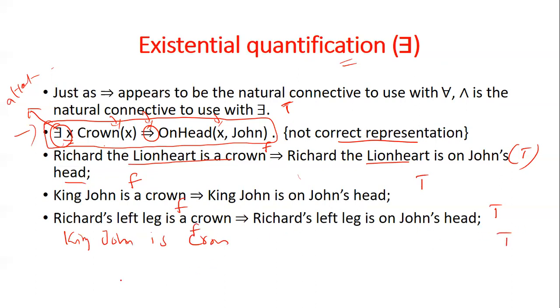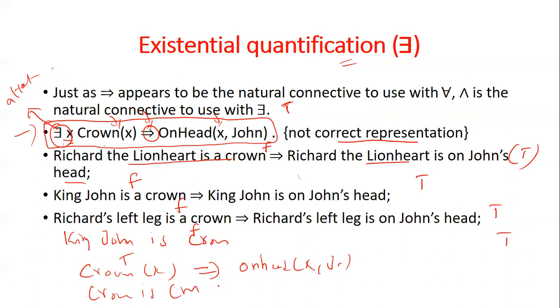And the last statement is: crown of X is true, which implies on head of X comma John. Which means the crown is a crown, which implies that the crown is on the head of John, on head of crown comma John.